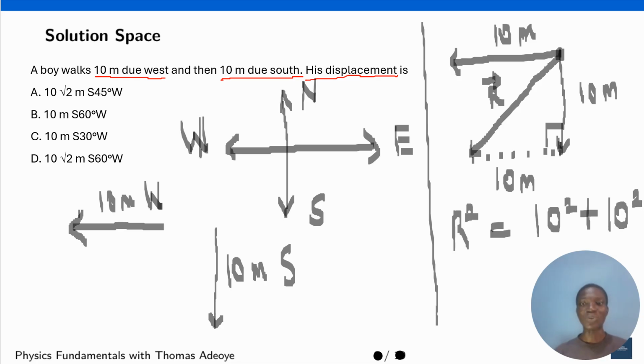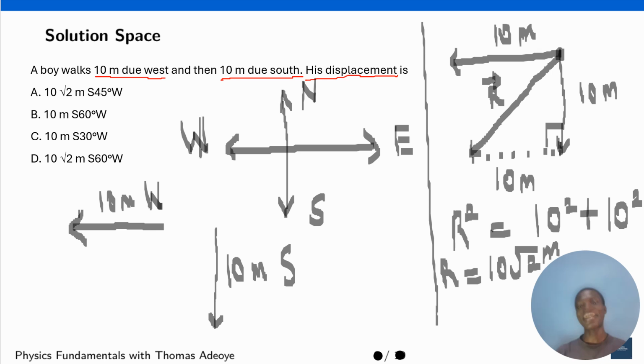If you do the math well, you are going to get 100 plus 100, that will be 200. Now your r is equal to the square root of 200. That should give you 10 root 2 if you punch your calculator. So you are now having 10 root 2 meter.